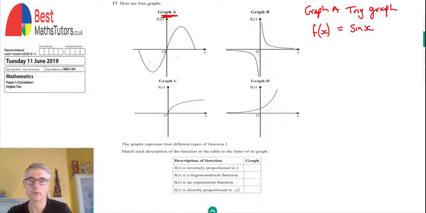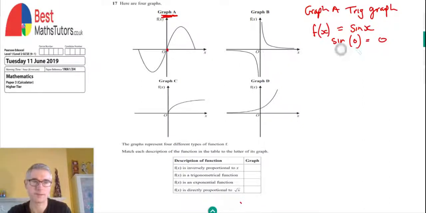If we wanted to understand a couple of the values on it, at 0 we'd be doing sine of 0. And if I put that into my calculator, I would get that sine 0 was equal to 0. So we can see this point here is 0.